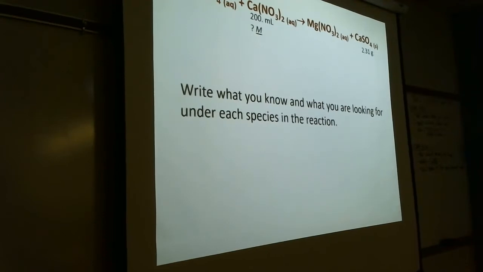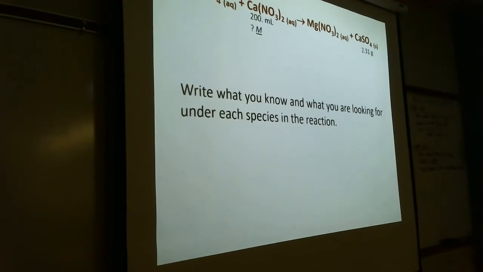Is everyone with me on how we set this one up? This time, we're not trying to find out what volume I should add. We're trying to figure out what its molarity is. So whoever prepped this solution forgot to write its molarity on the bottle. Whoops. When I combine these two things together, here's the mass of the precipitate that I make. Can I solve for molarity knowing that mass of precipitate? Is that something I can do?